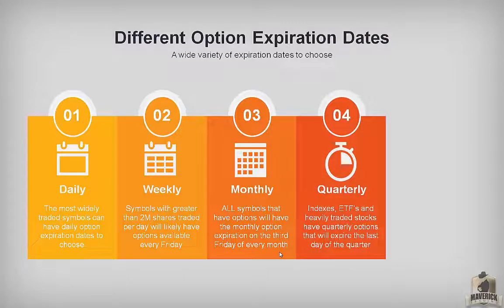Some stocks, and this is usually true again of those indexes, ETFs, and so on, will have quarterly expiration. The reason they'll create quarterlies is because if you're a fund manager, you get graded on quarterly performance. Now remember, the end of the first quarter is the end of March. So there would be an end of March expiration, right? The very last day in March, the last trading day of March, there would be an expiration.